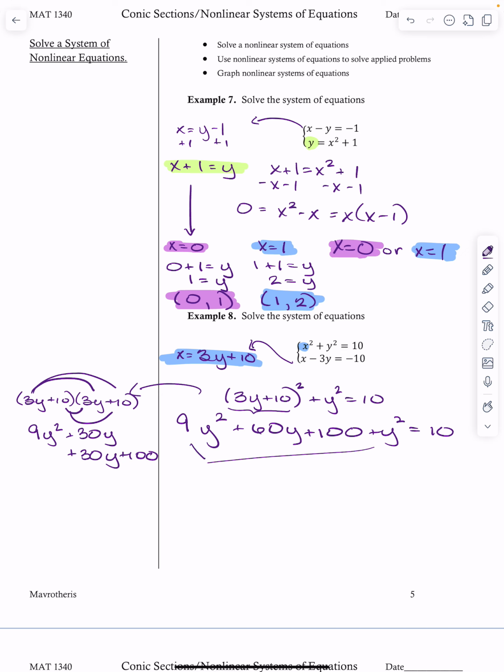So I'm combining my 9y squared and my y squared to give me a 10y squared. I have plus 60y and plus 100 minus 10 plus 90. Right? Got to subtract the 10 on both sides so that we get everything on the same side. I'd rather not work with super large numbers, so I am going to divide out the 10.